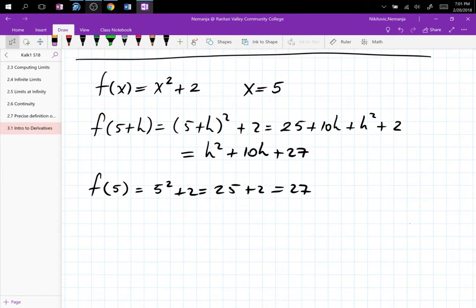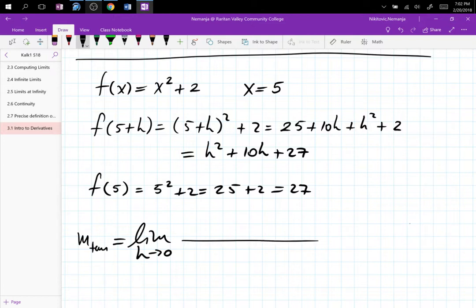And now we compile the limit. So limit h goes to 0 to find our slope. Do this in your notebooks. M tangent is equal to the limit h goes to 0 of h squared plus 10h plus 27 minus 27, because it's minus f of a, divided by h.